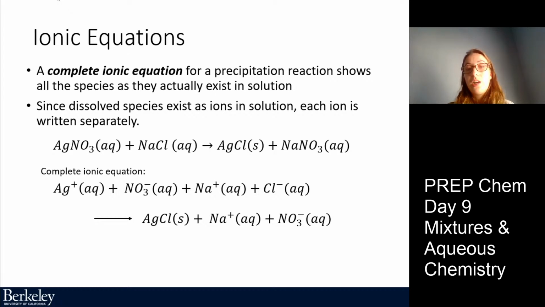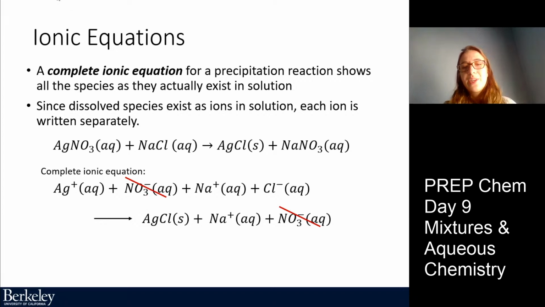But our sodium nitrate in the aqueous solution, we would break down and write as a sodium cation and a nitrate anion. That is referred to as the complete ionic equation because we very explicitly wrote all of the different species present in the solution.